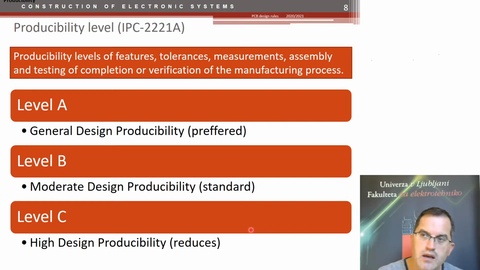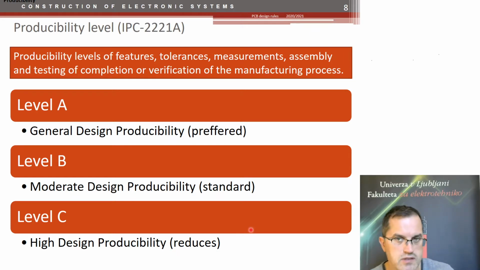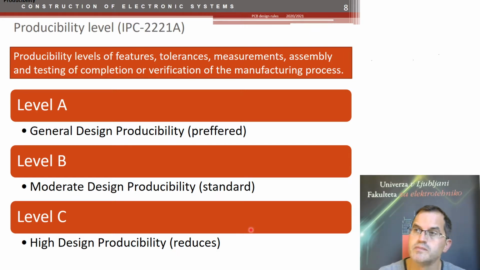Level B can reach higher standards, and level C, the best producers they are. So level A would mean everyone can do it. Level B, some of them can do it, and level C, only the best can do it. So at level C, you will have the smallest tolerances. At level A, you will have the largest tolerance levels.